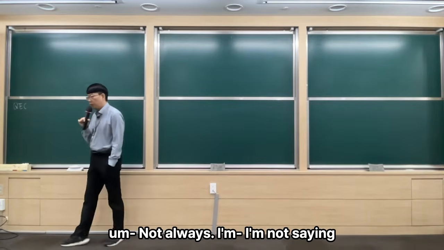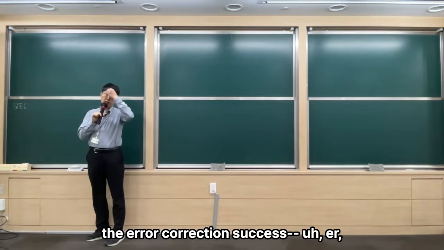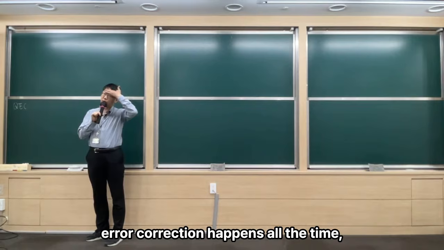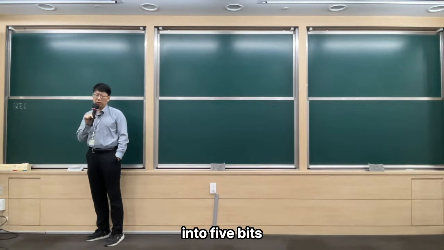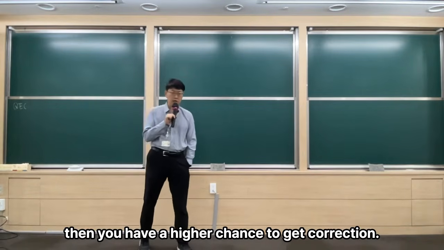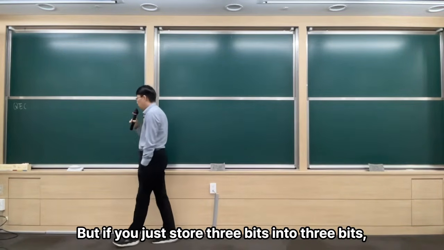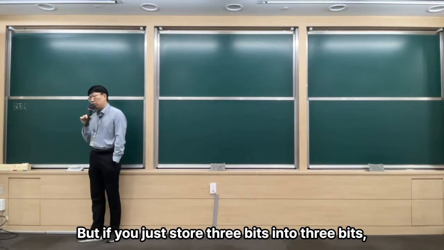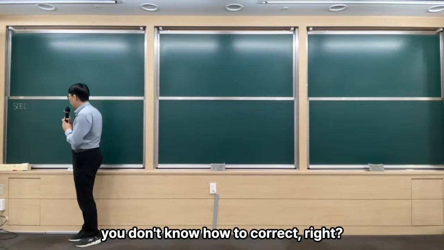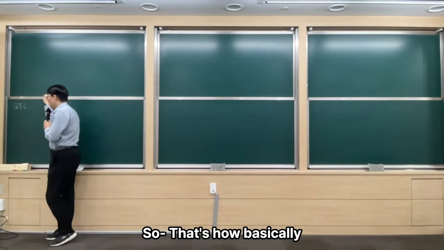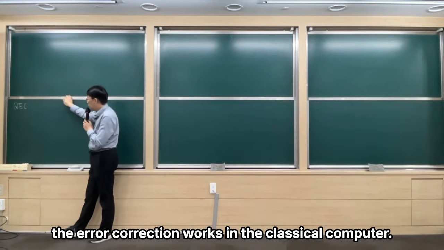Not always, I'm not saying error correction succeeds every time. But if you have encoded 3 bits into 5 bits, then you have a higher chance to get correction. But if you just store 3 bits into 3 bits, then you don't know how to correct, right? So that's basically how error correction works in the classical computer.